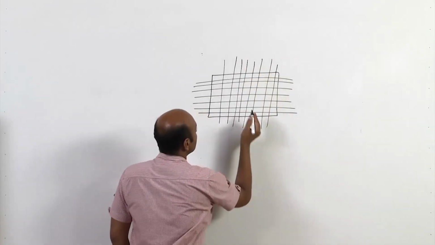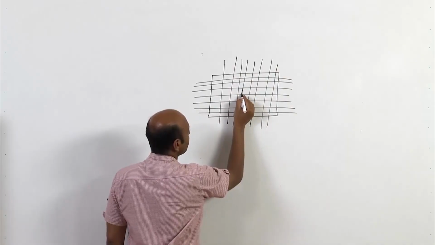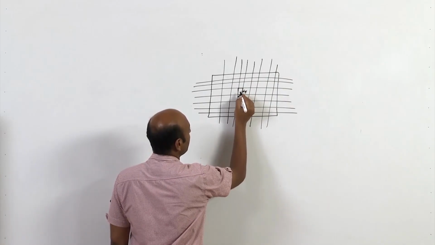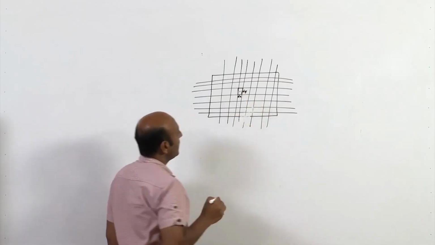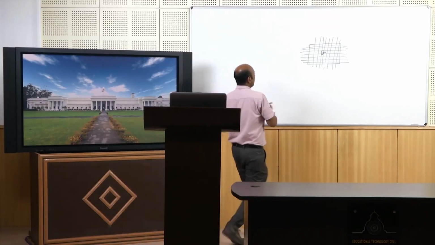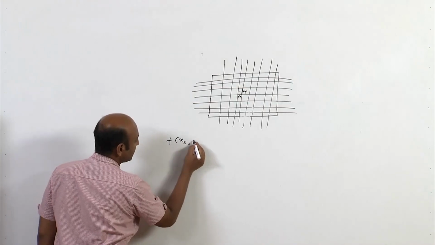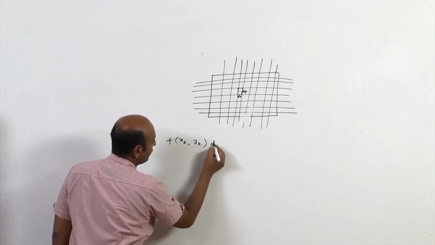Now we take a small portion, say this portion, say this is dx and this is dy, and in this small portion take a point, say (xk, yk). The functional value at this point is f(xk, yk) into dx dy.